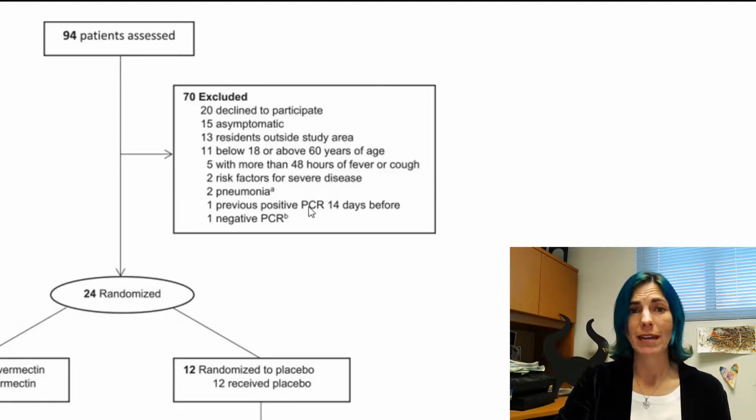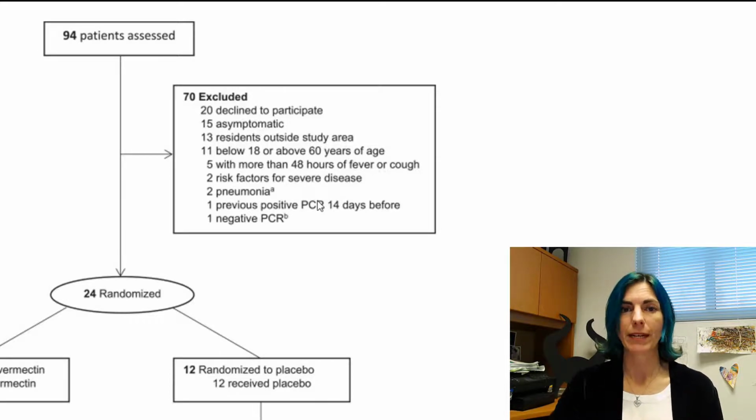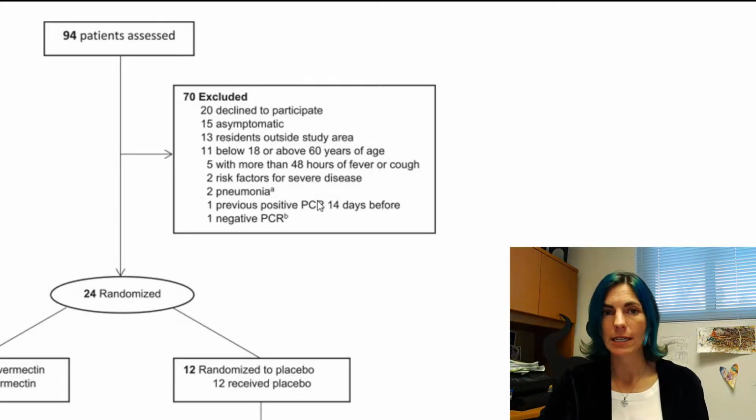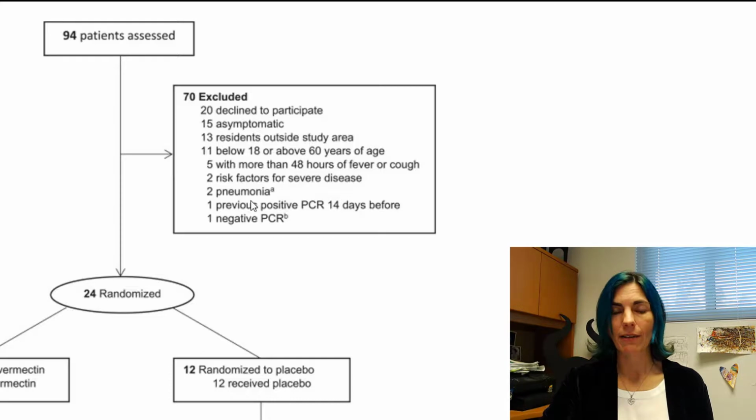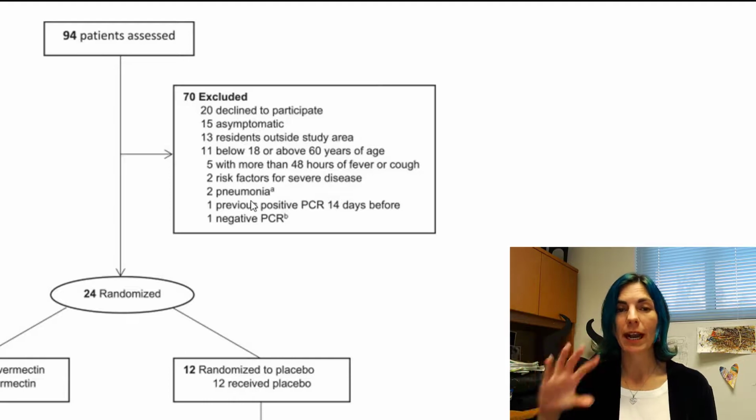Somebody who was already positive and that could conflict with the treatment plan, because why were they positive 14 days ago and now they're coming back? And then somebody who looked like they had it but a PCR test showed negative, they had no baseline for that particular person. So you can see all these people that were excluded because of additional variables that the researchers wanted to control for.